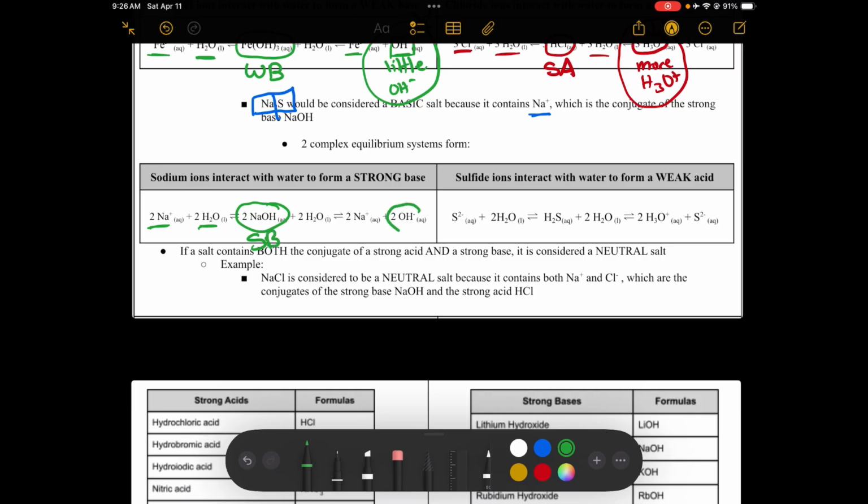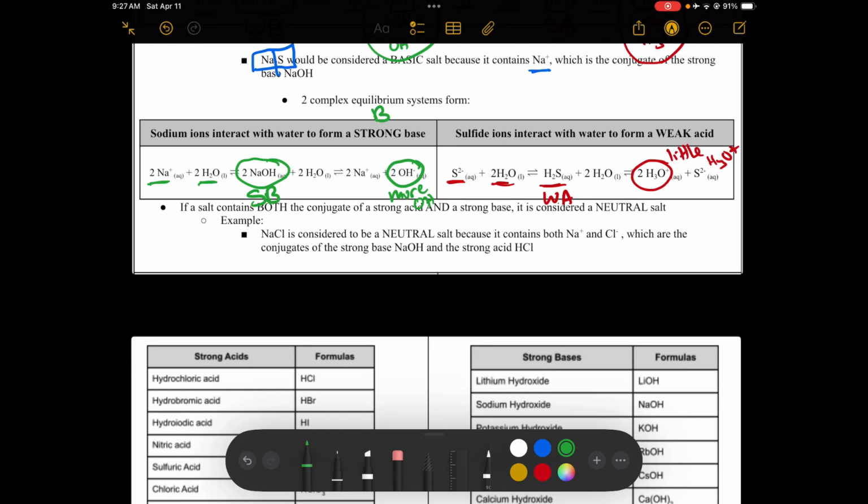So we're going to form a lot, or not a lot, but more of our hydroxide ions. Whereas our sulfur ions here interact with water to form H2S, or hydrosulfuric acid, which is a weak acid. So we're only going to form a little bit of our H3O+. So when you consider both of these things together, we find that Na2S is a basic salt.